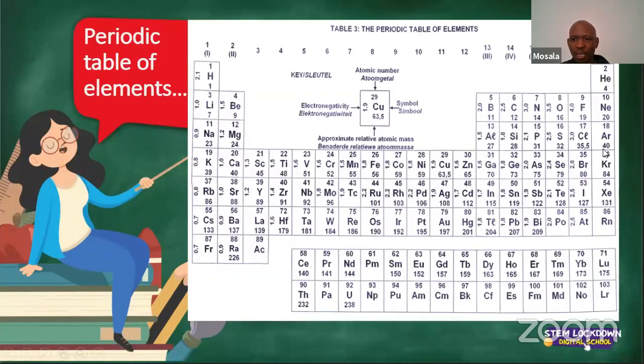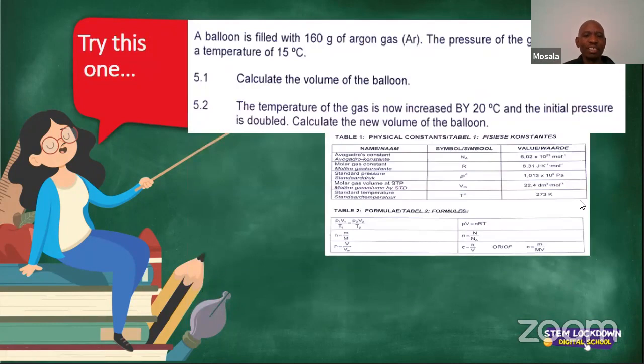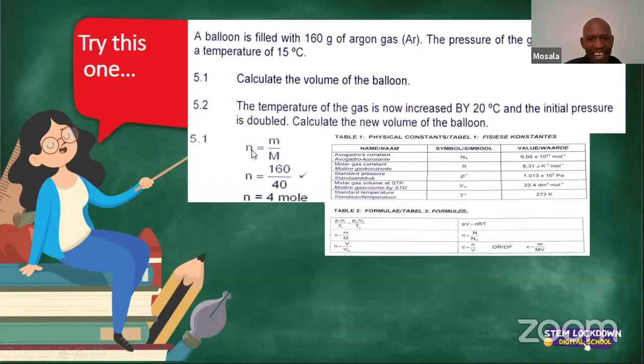So the molar mass of argon is 40 grams per mole. Let's substitute into the relevant equation. We're looking for n. The mass is 160, and the molar mass of argon is 40. If you divide 160 by 40, it will give you 4 moles.